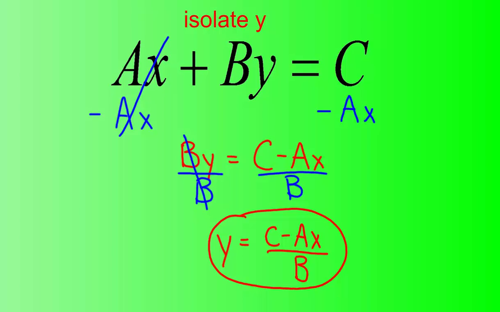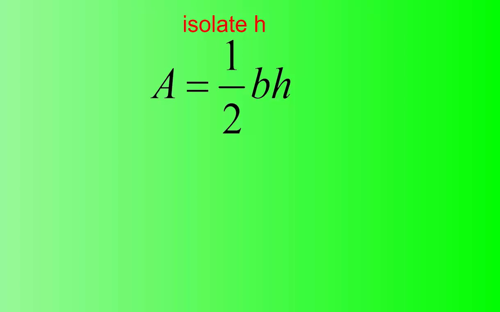The last equation we're going to look at together is the equation for the area of a triangle. Area equals 1/2 base times height. In this case, we want to isolate h. First thing I'm going to do is get rid of that 1/2, so I'm going to multiply by the reciprocal. So I'm going to multiply by 2 over 1, or just 2.